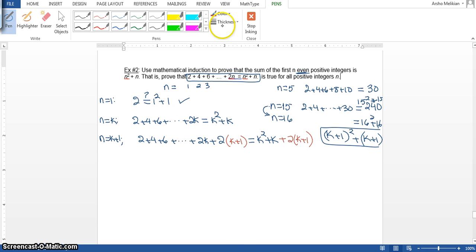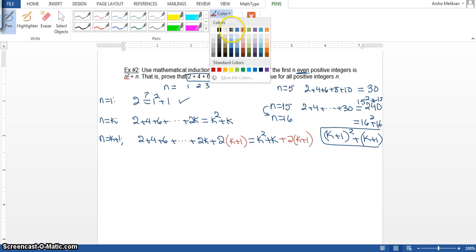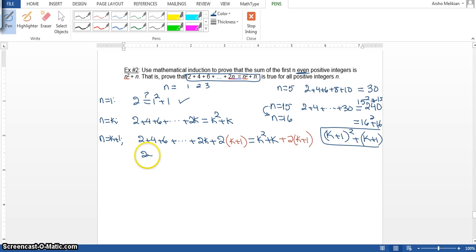Okay, so let's see what we have here. 2 plus, I'm not going to change this right now, but I need to copy it over, is equal to k squared plus k plus 2k plus 2. Okay?